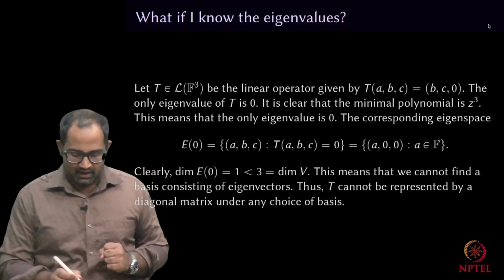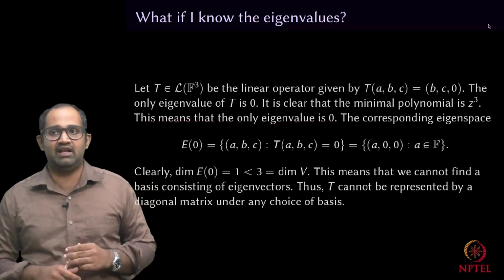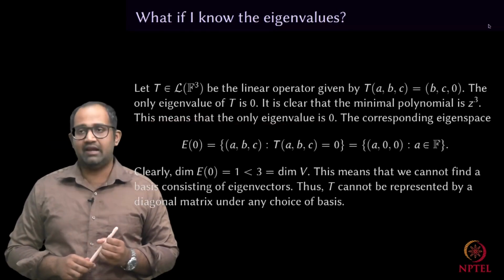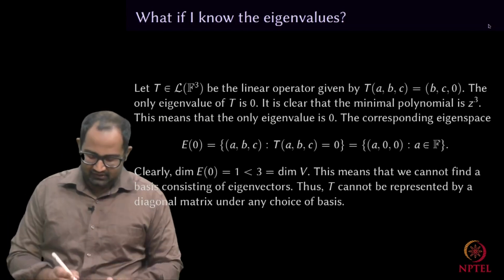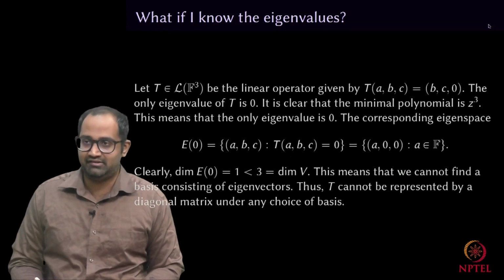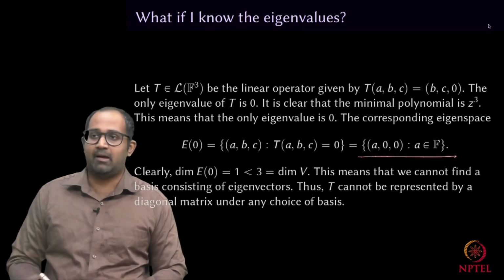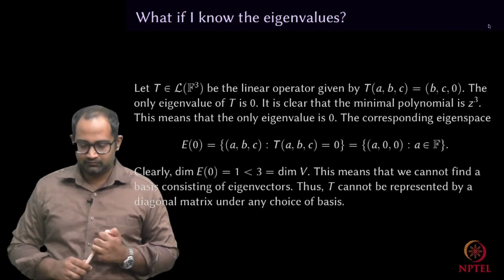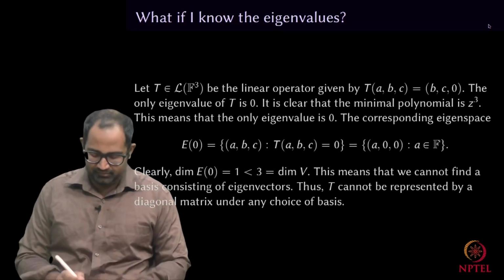So I reiterate, this means the only eigenvalue is 0 and the corresponding eigenspace is the collection which makes T(a,b,c) = 0, which is clearly just the subspace (a,0,0), and the dimension of this subspace is 1.